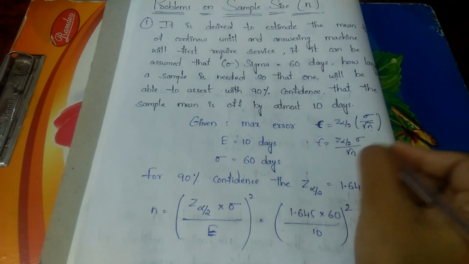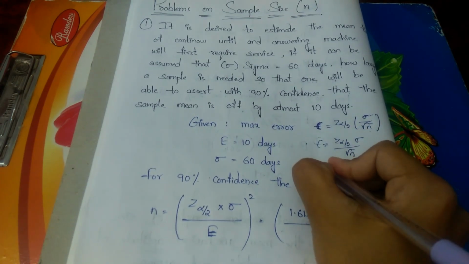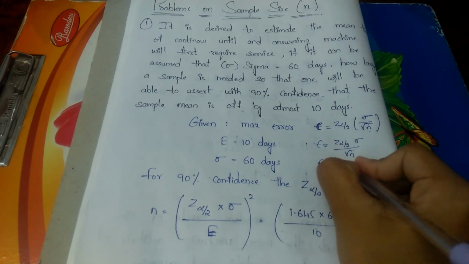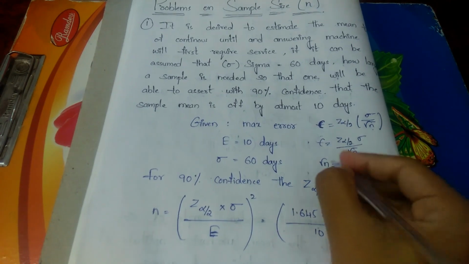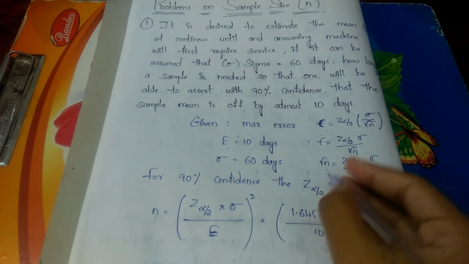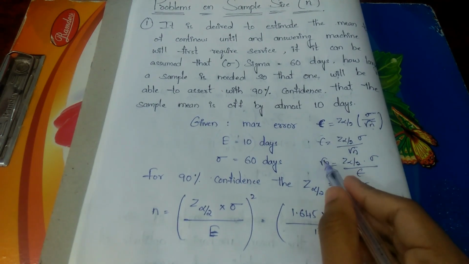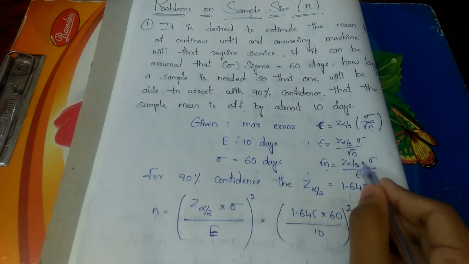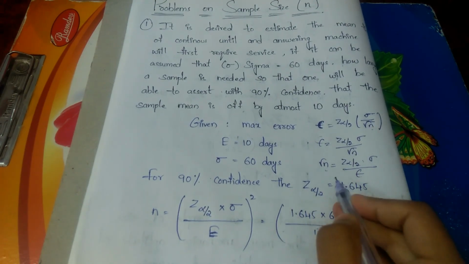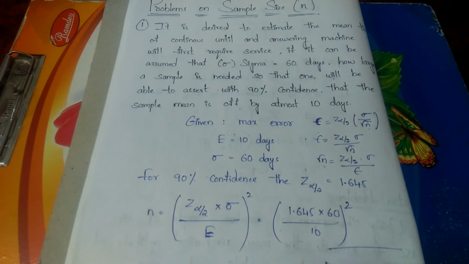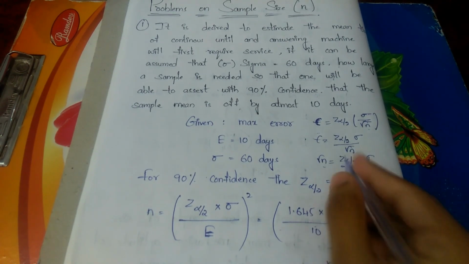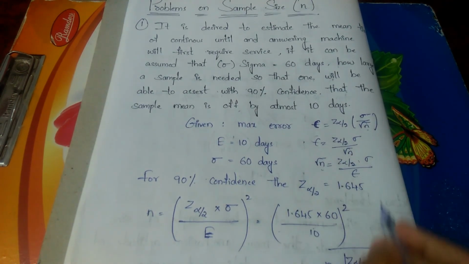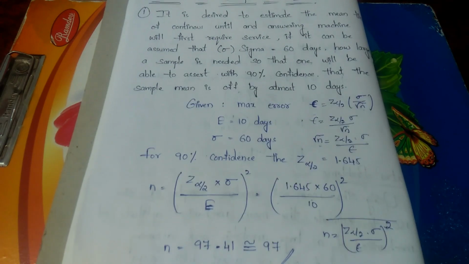Now by cross multiplying, we get root n is equal to Z alpha by 2 into sigma by E. Now we need only n, so by squaring on both sides, or you can send this root onto the right hand side, so it becomes a square. So we get n is equal to Z alpha by 2 into sigma by E whole square.